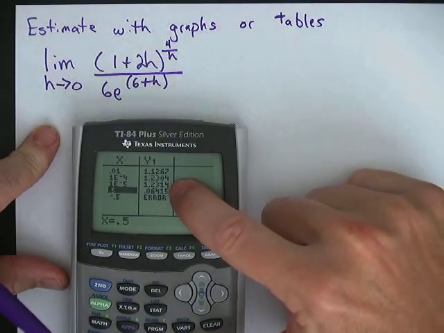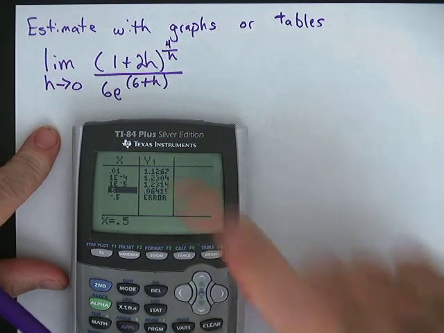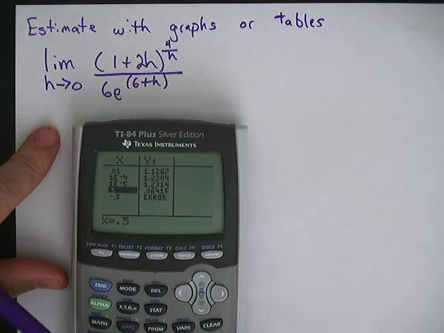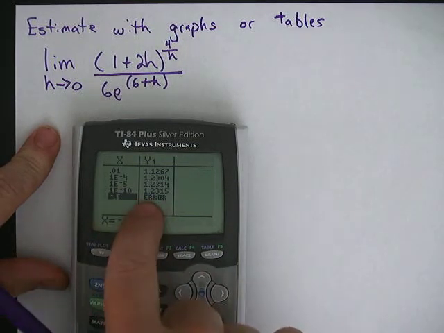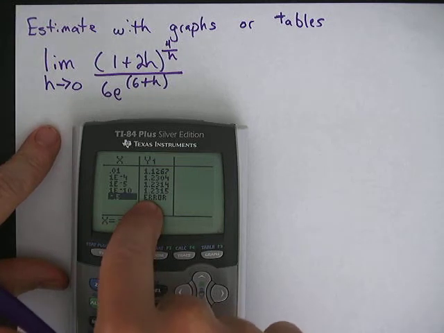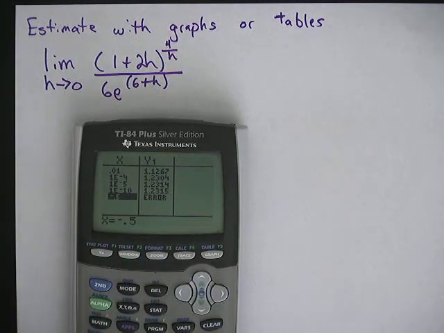Looks like it's getting very close to 1.2314. 0.000 and a bunch of zeros. Okay, so it looks like 1.2315 is pretty close to the limit there, because we are plugging in values that are very, very close.